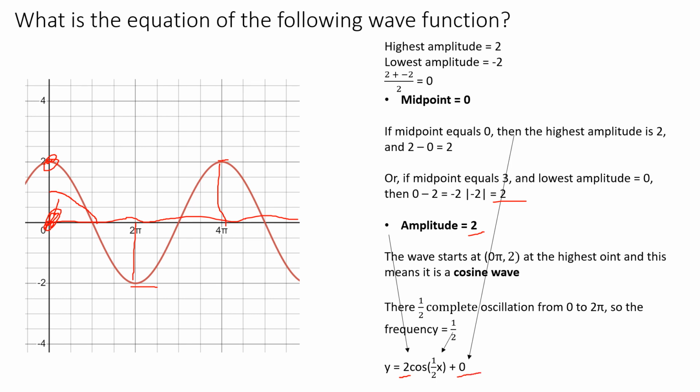Then let me erase this, and let's see if we can figure out my number of oscillations per 2 pi. I start right here at the origin, and here's 2 pi. It only goes halfway, because the complete one where it starts over would be right here. So that is going to be a 1/2. So it's going to be the amplitude in front: 2 cosine 1/2 x plus 0.